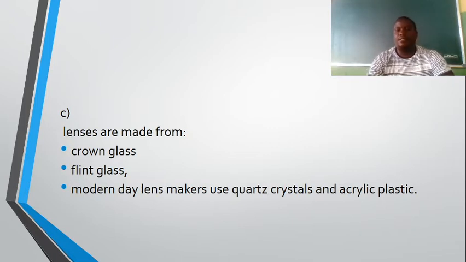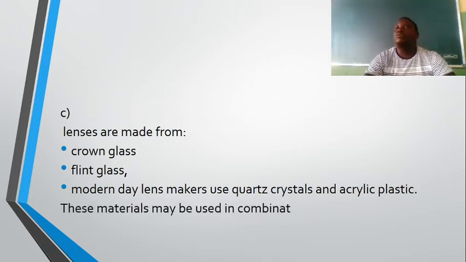Acrylic plastics are also used: there are some plastics that are very transparent. We use them to make those lenses, and these materials may be used in combination. You will see some lenses made from a combination of different materials. So those are the materials lenses are made from.